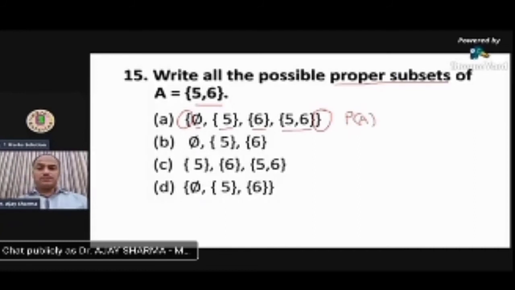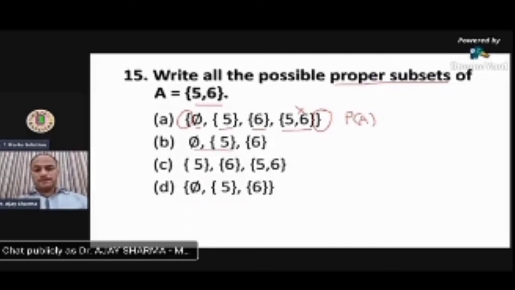We need not write the power set. Moreover, the set {5, 6} itself is not a proper subset, since the same set is not a proper subset, so we have to exclude it. So the proper subsets are the empty set, {5}, and {6}.